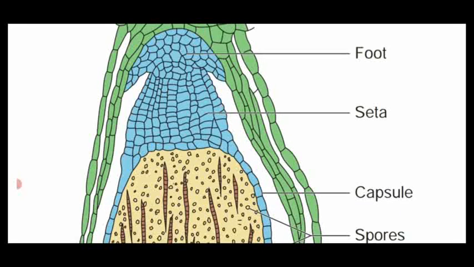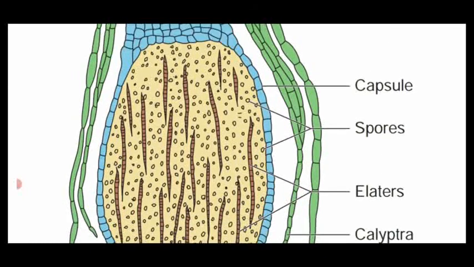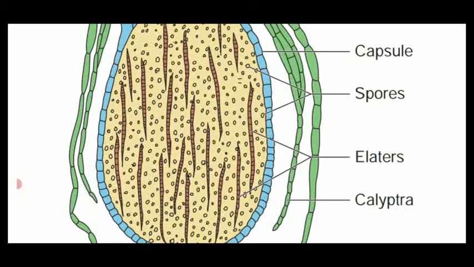Then above the foot, there is a small short portion known as the setae, which connects the foot to the capsule. The capsule is made up of an outermost layer known as the jacket, which encloses many spores and elaters. Spores are oval shaped structures.